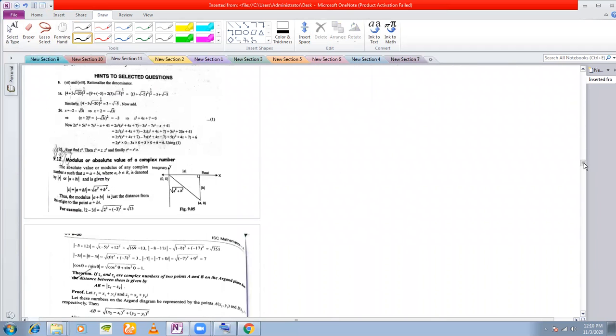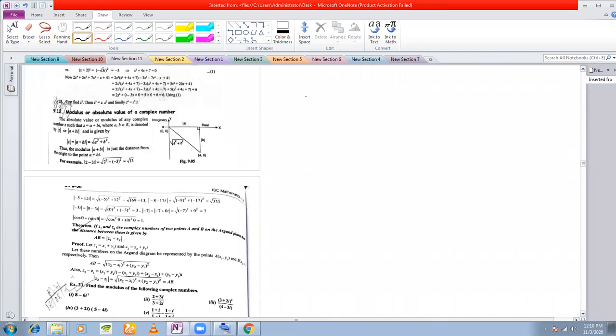We now start with the modulus of a complex number. What do you mean by the modulus of a complex number? Given any complex number, the modulus, mod of z, also written as two vertical lines around z, is the positive square root of the real part squared plus the imaginary part squared.